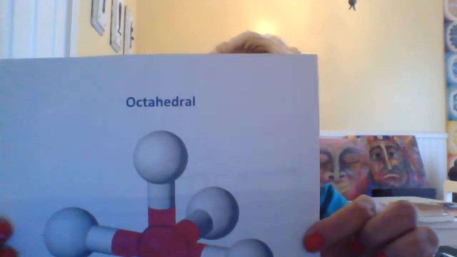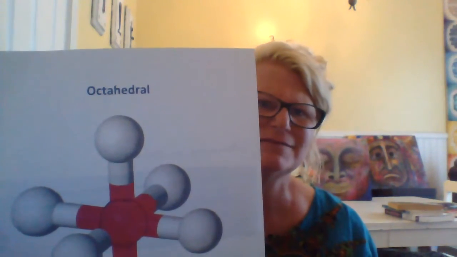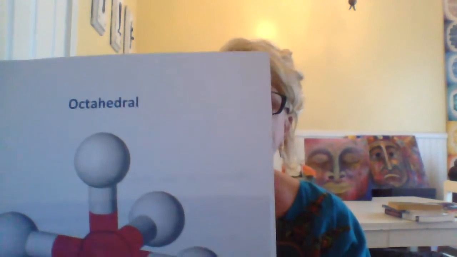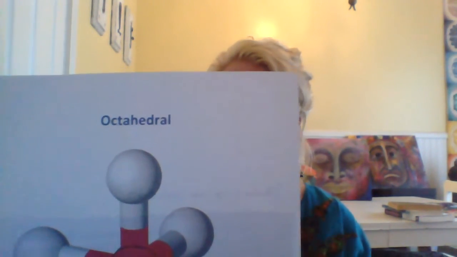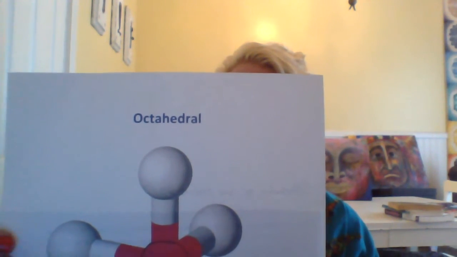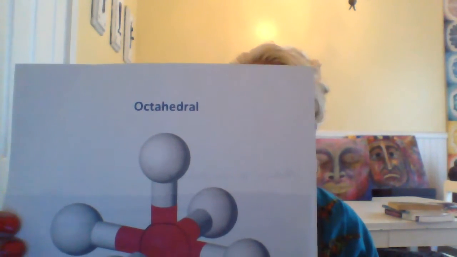Here we go. This is kind of a model of an octahedral, and it kind of shows you the skeletal view of what it might look like, and this is actually a molecular model, but we can still use it so you can get the idea of how it forms. But with octahedral molecular geometry, this describes the shape of compounds wherein 6 atoms or groups of atoms are symmetrically arranged around a central atom.